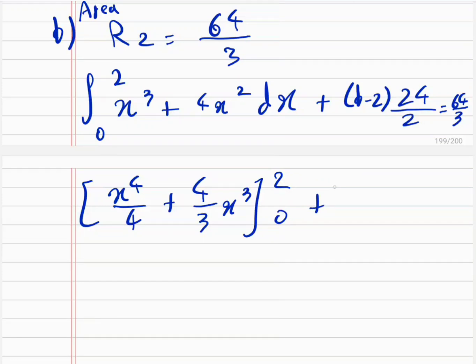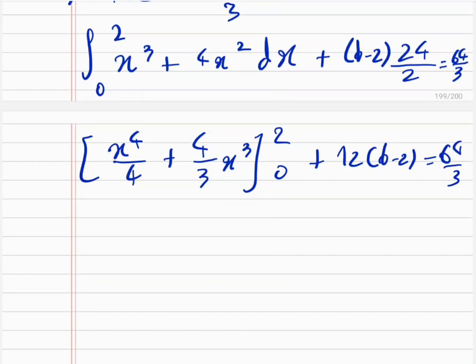And then here we just have 12 times (b minus 2) equal to 64 over 3. Now we substitute the numbers. We first substitute 2 into the bracket, and then minus 0 substituted, which is just equal to 0. By substituting 2, we get 44 over 3, which is the value of the bracket after substituting the bounds.